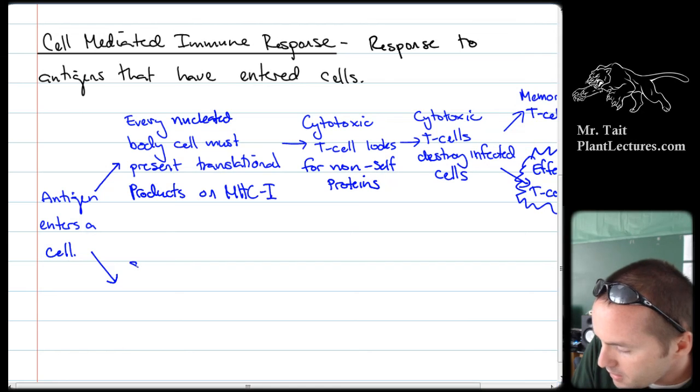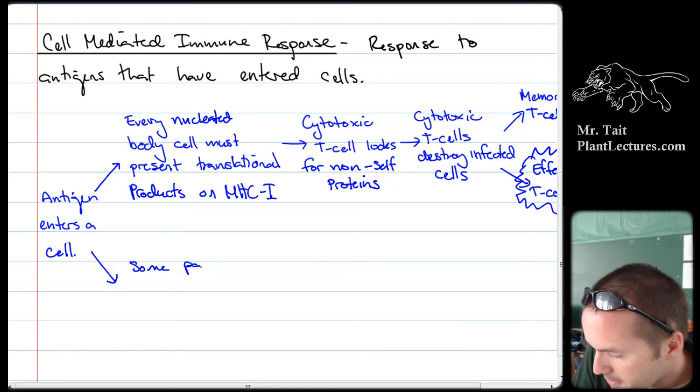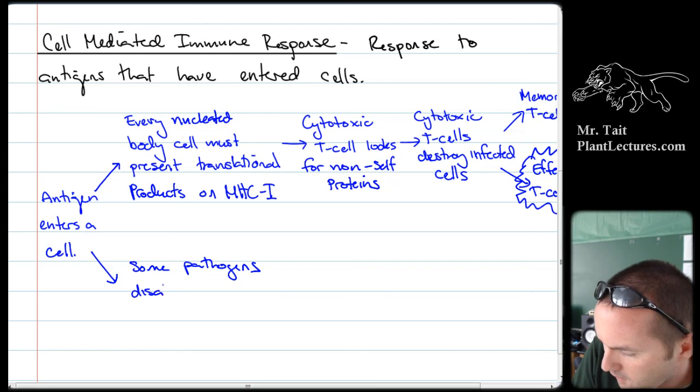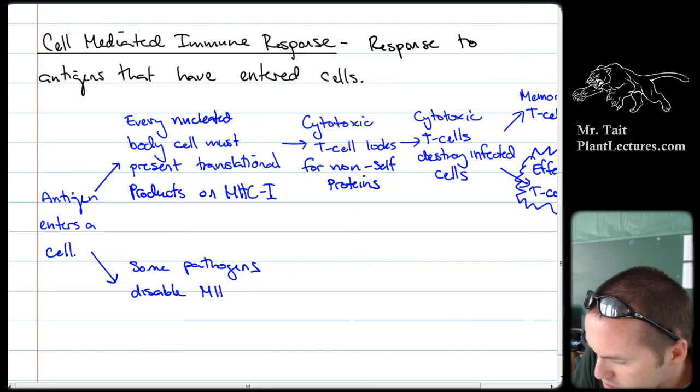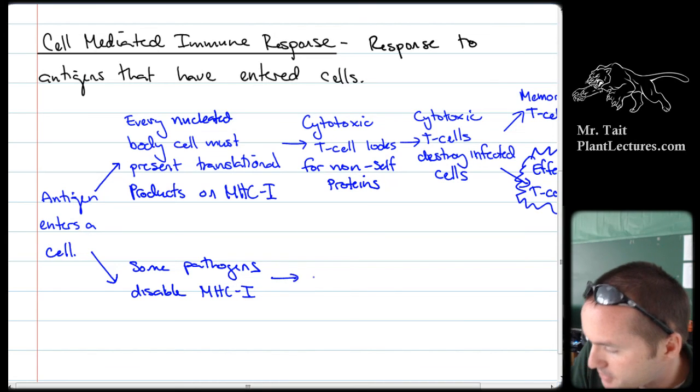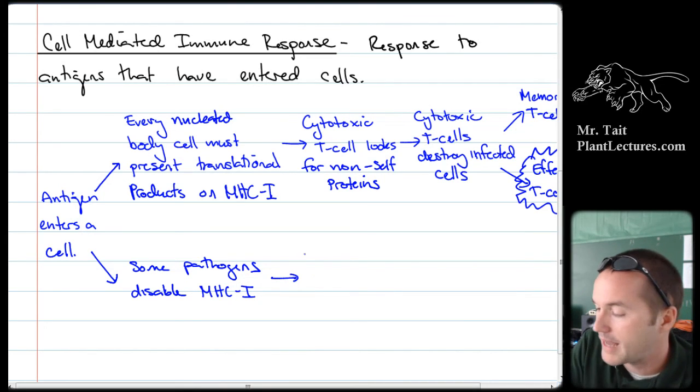In the event that the virus disables MHC1, some pathogens disable MHC1. They are handled by a totally different type of cell that's called an NK cell, or natural killer cell.